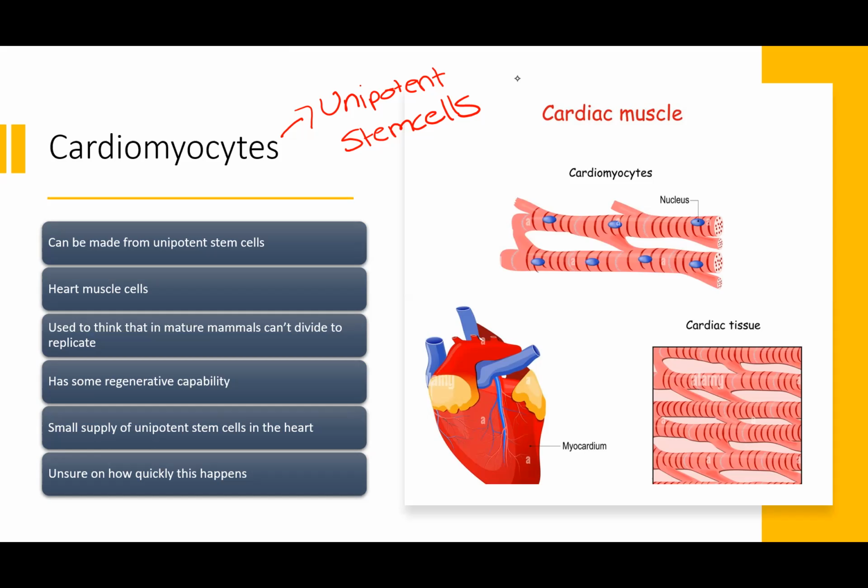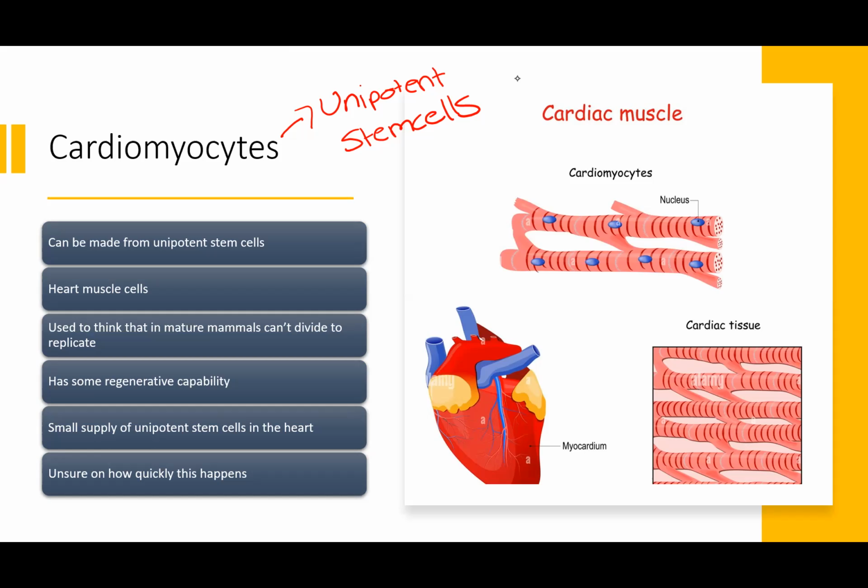However, recent research has suggested that our hearts do have some regenerative capability. So where we're at with this now is some scientists now think that old or damaged cardiomyocytes can be replaced by new cardiomyocytes, and this is derived from a small supply of unipotent stem cells in the heart.